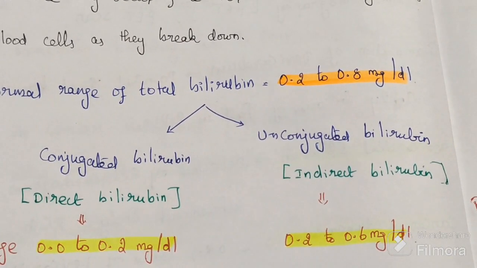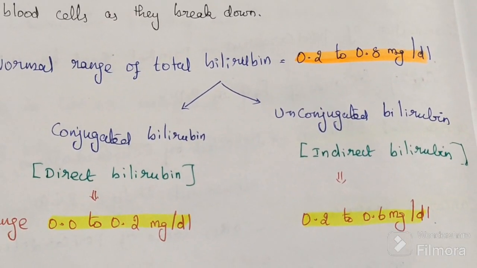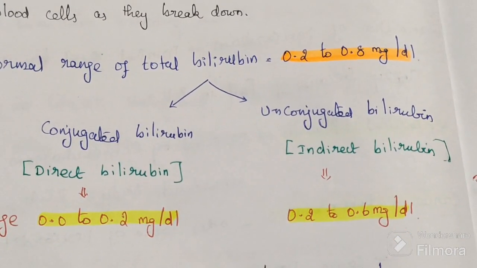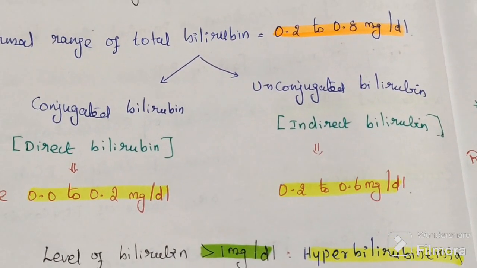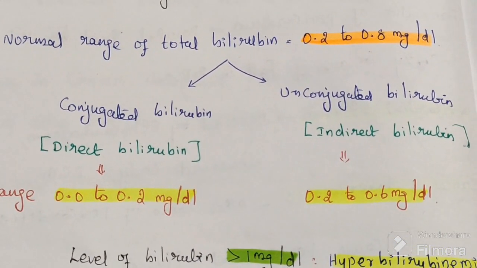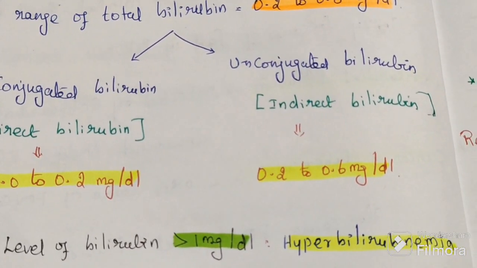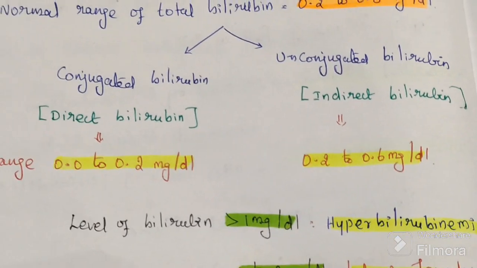Bilirubin exists in two forms: conjugated bilirubin and unconjugated bilirubin. Conjugated bilirubin is also known as direct bilirubin, and unconjugated bilirubin is also known as indirect bilirubin.